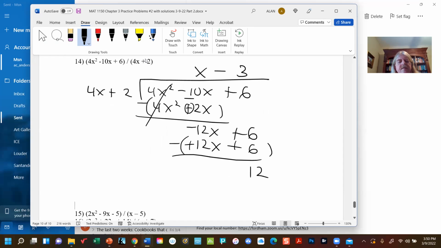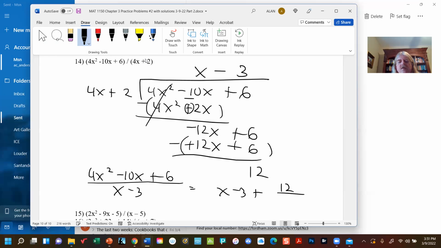And so once again, this ratio equals x minus 3 with a remainder of 12, which means it's 12 over x minus, sorry, wait a minute, no. Did it wrong.